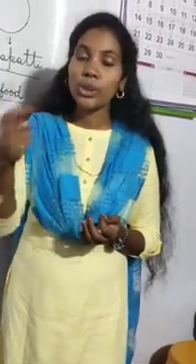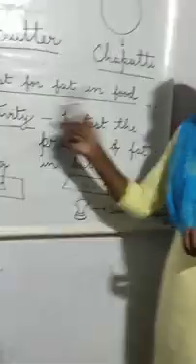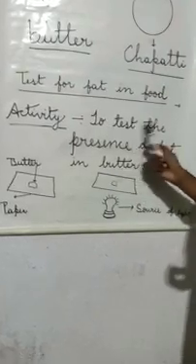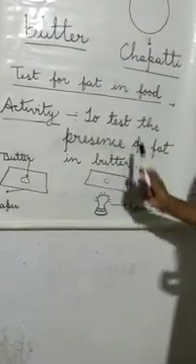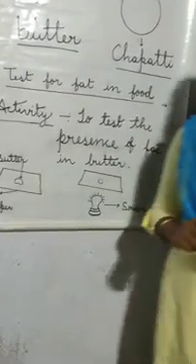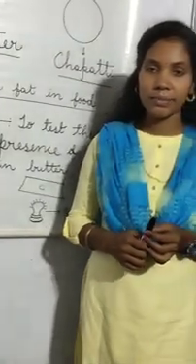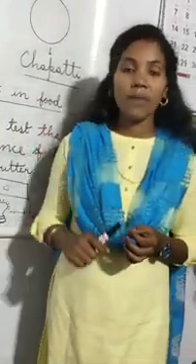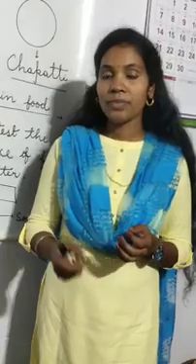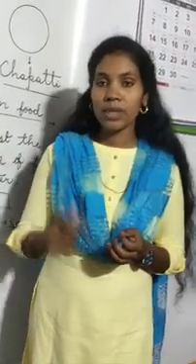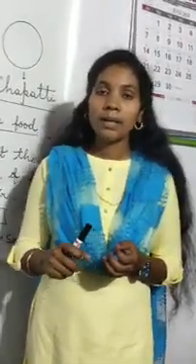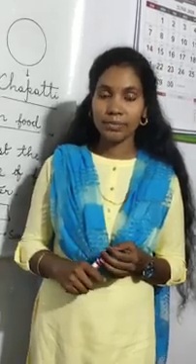To understand this test, let's do an activity: to test the presence of fat in butter. The materials required are a small piece of butter, brown paper, and a source of light.